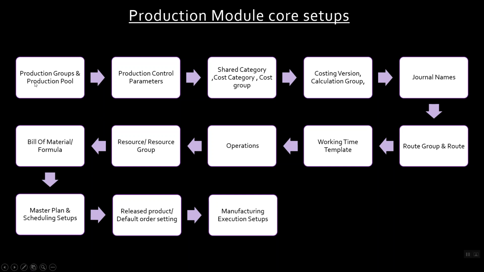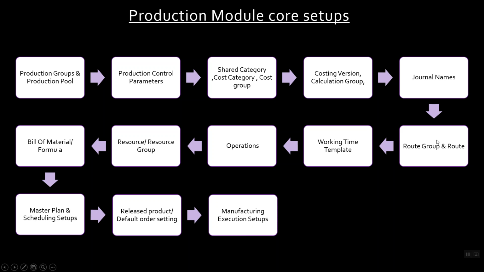So production groups, production pools, production parameters, categories, costing version, calculation group, journal names, route groups, working time template, operations, resource and resource group, bill of material, formula based on the industry you're selecting, master planning, scheduling setups, release product default order setting, manufacturing decision steps.